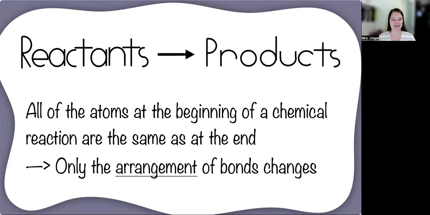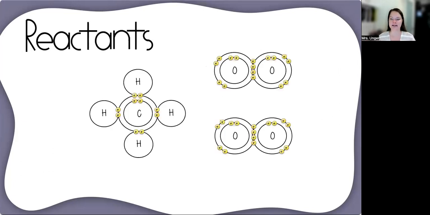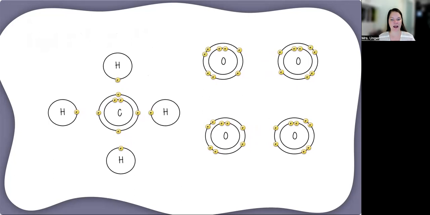The atoms that are there at the beginning are going to be there at the end because we cannot create or destroy matter. So let's take a look at the combustion of methane. Methane gas is commonly used as like natural gas. And so it's combustible. And so we can take methane, CH4, and some oxygen, and we can have a chemical reaction occur.